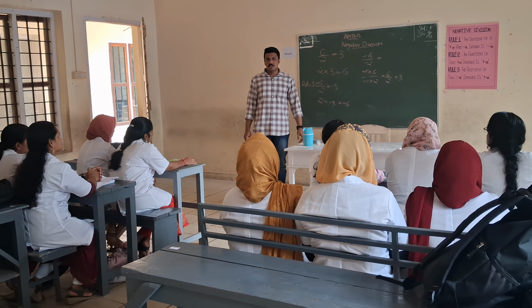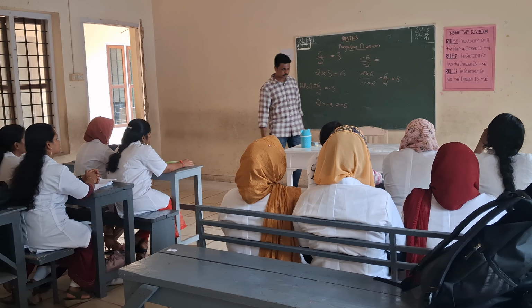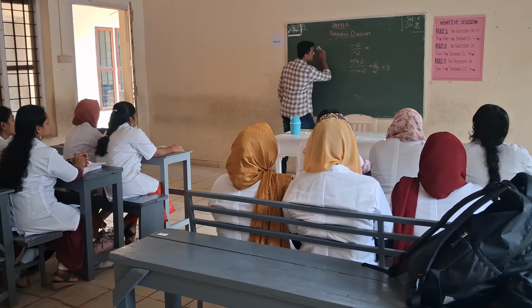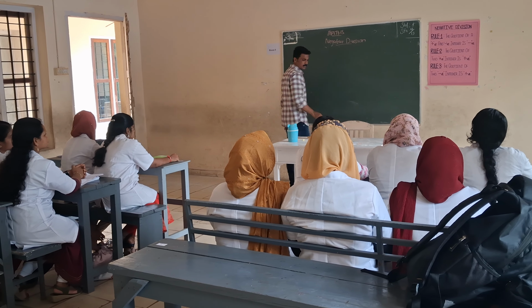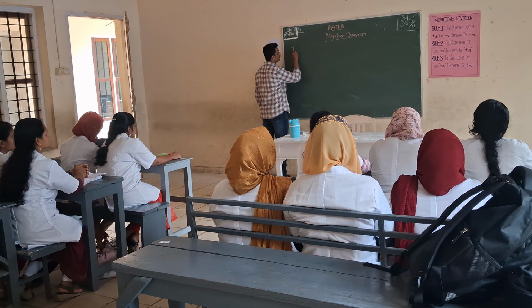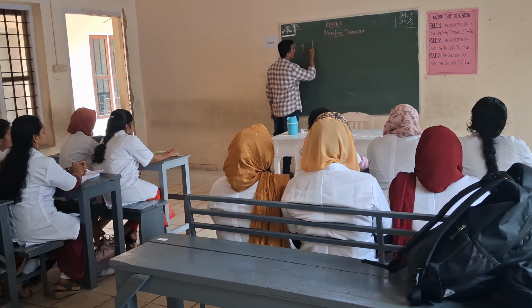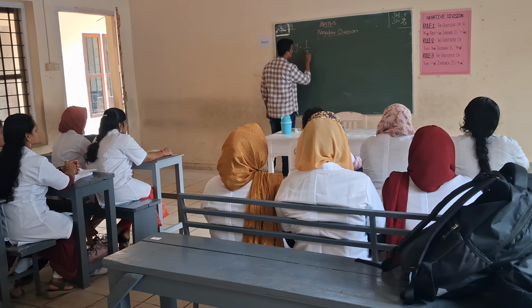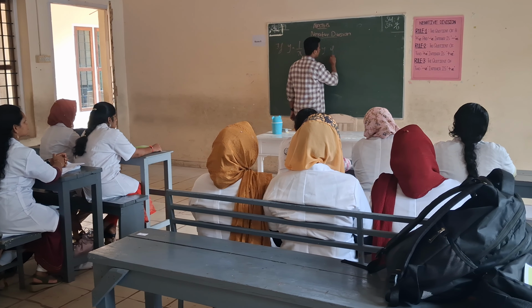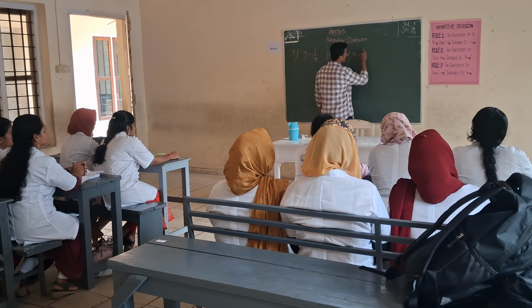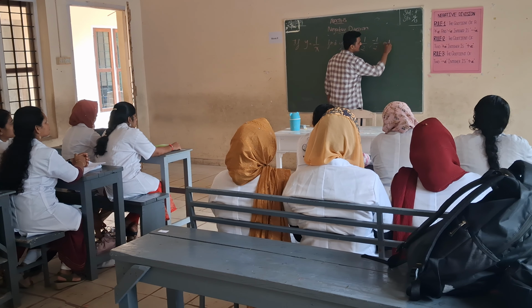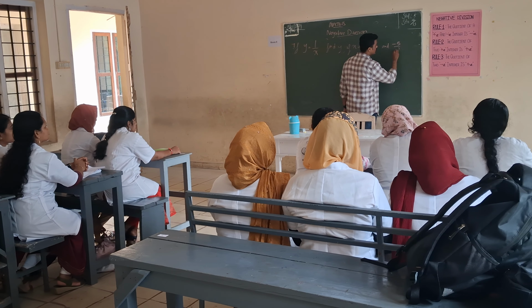So let us do another example to make you understand this now, okay? So here's my question. If y is equal to 1 by x, find y if x is equal to 1 by 2, minus 1 by 2 and minus 5 by 2.